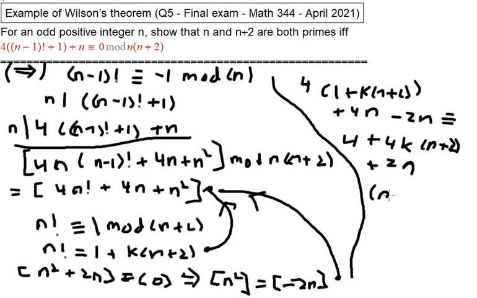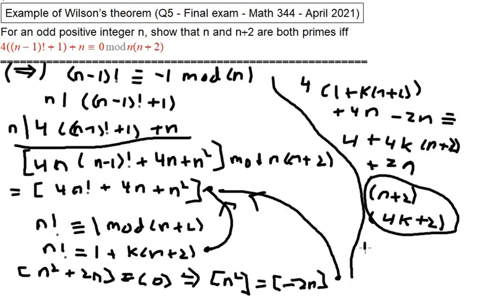We're going to get n plus 2 times 4k plus 2. So we get this expression, which tells me that n plus 2 divides the original expression. And so we have n plus 2 and we have n dividing the original expression. That tells me that this expression is equivalent to 0. And we're done in one direction.